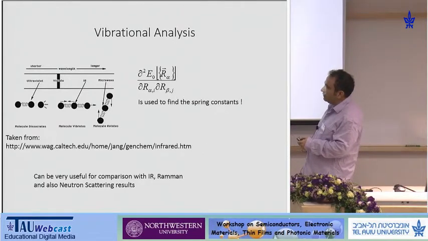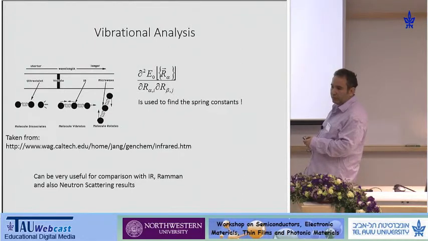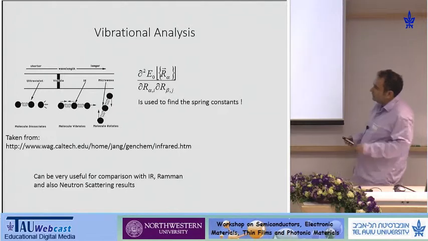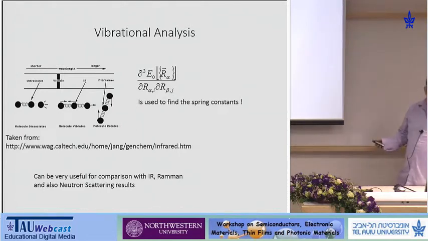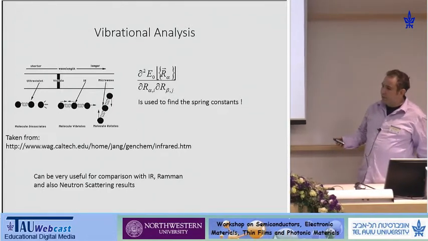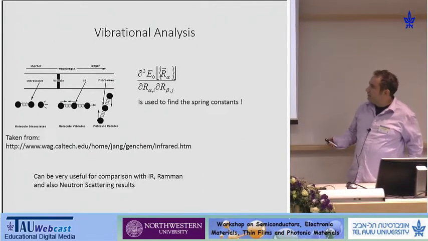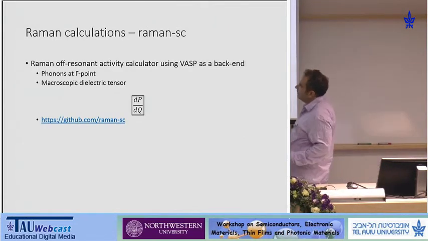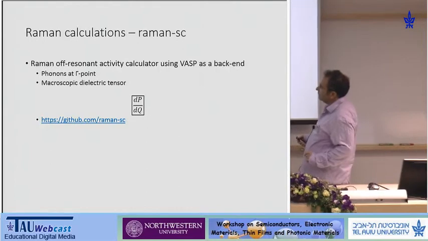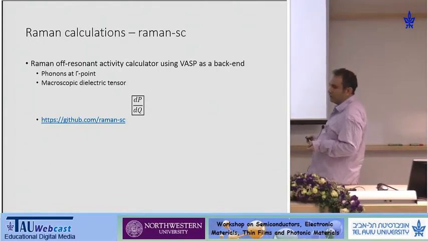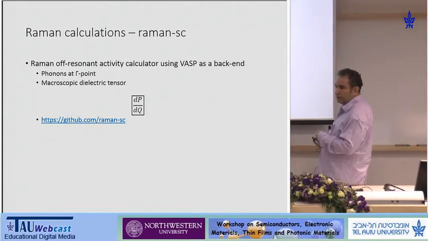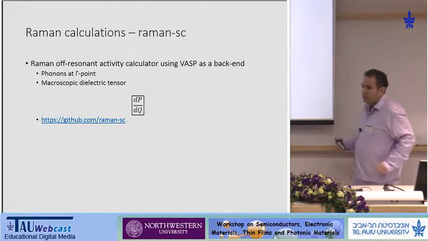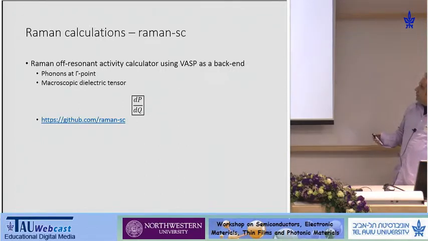This would basically give us the spring constant between atoms, and so the frequencies. Now, this is not enough. If we want to say something about Raman intensities, one can try to calculate the differential of polarizability with respect to the normal mode.